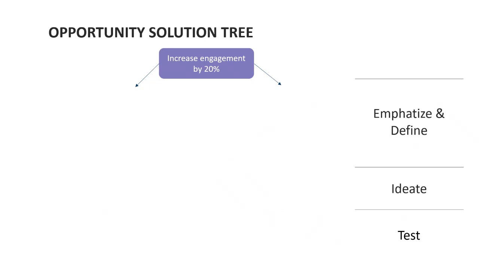That's just an example. And then we start interviewing customers. So this is the empathizing phase. And Teresa Torres recommends that we should interview our customers at least every week. And this is done by the whole trio.